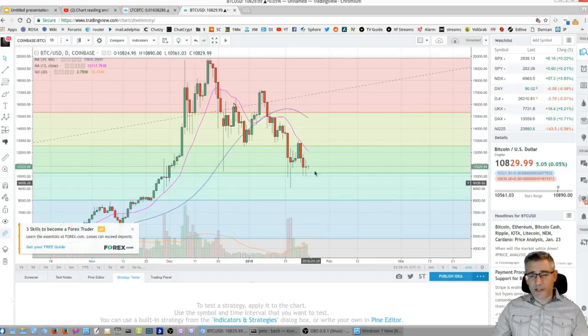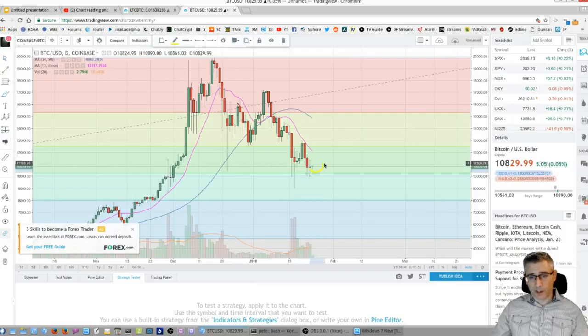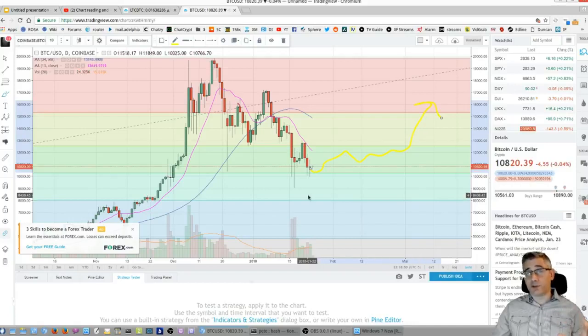What most likely might happen is the price comes down to this line, bounces off of it, maybe trades in here, and then hopefully breaks out again. That's how you use the Fibonacci tool to try to figure out what the market may do next.